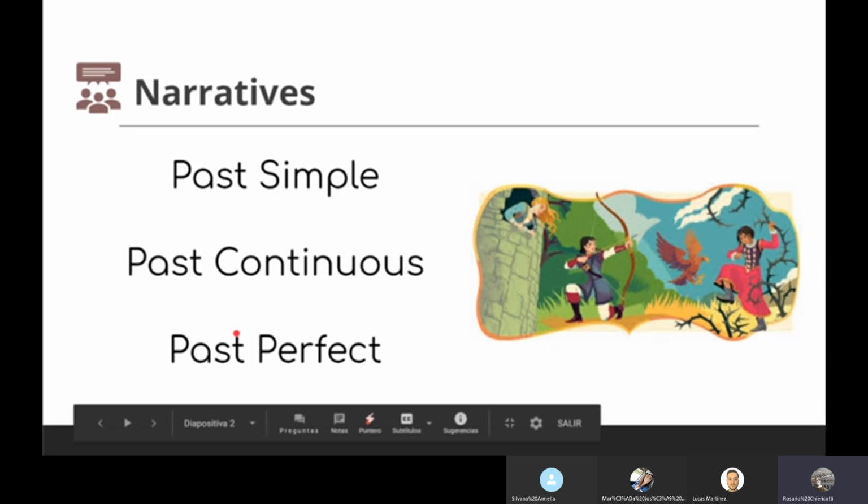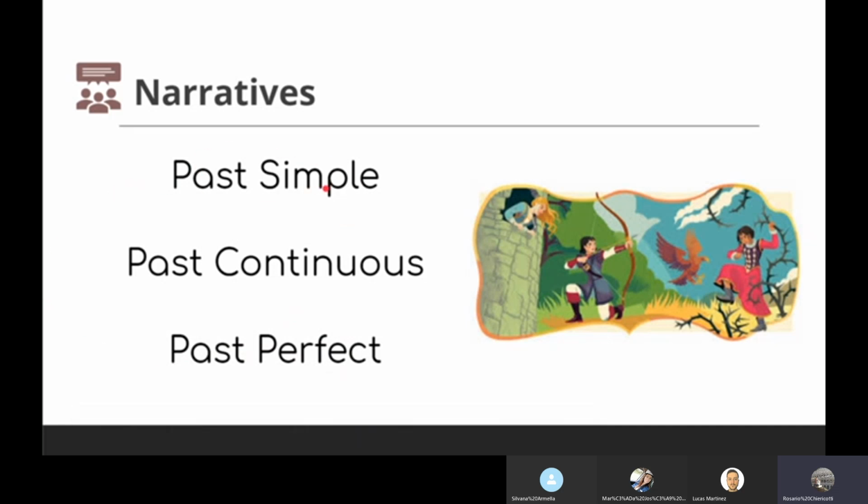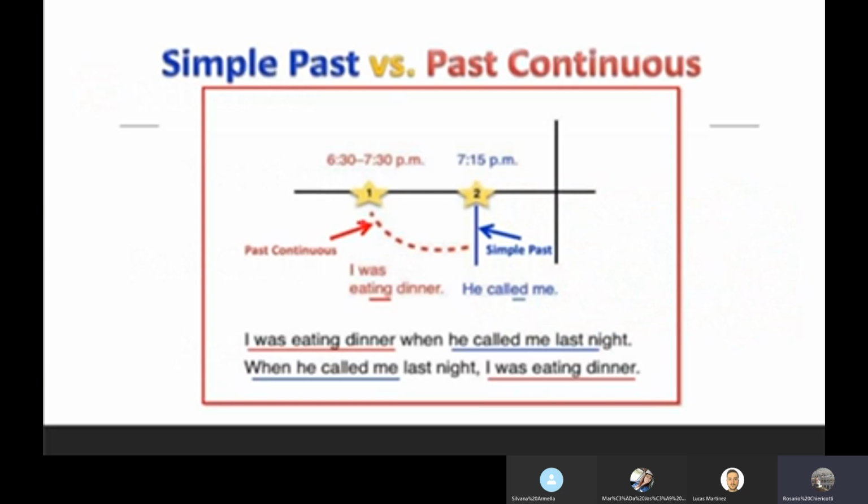But the important thing is that you remember that when we use past perfect, it's because we are speaking about an action that happened before the event or the story or the film that we are retelling, right? So let's go on.